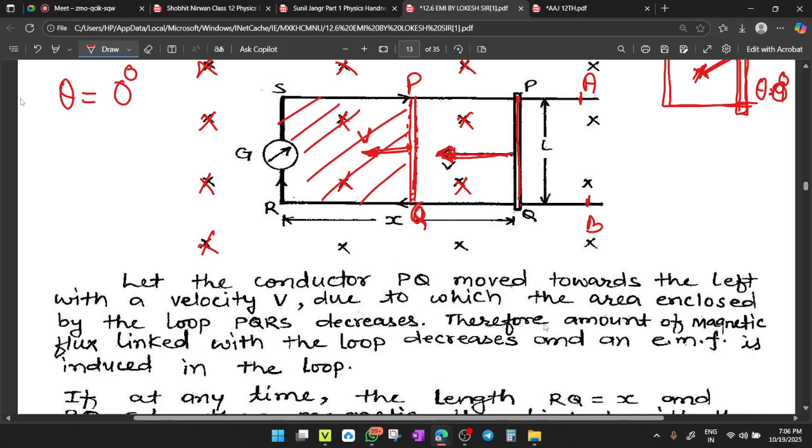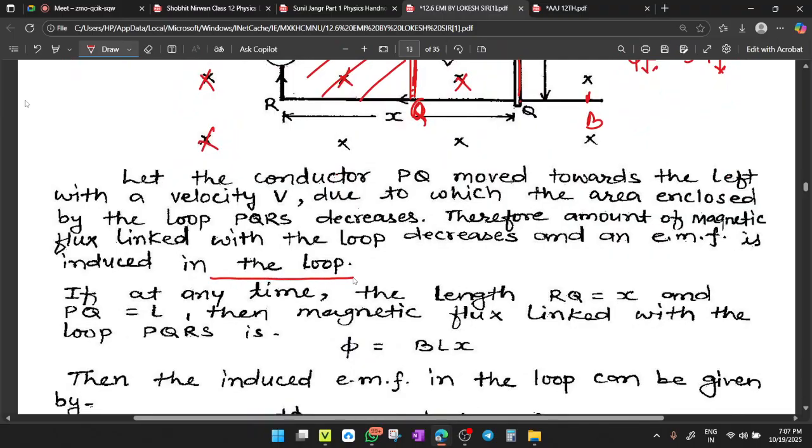Therefore, the magnetic flux linked with the loop also decreases, because phi equals NBA cos theta. If the area decreases, the flux also decreases. This results in a change in flux with respect to time. So the flux linked with the loop decreases and an EMF is induced in the loop according to Faraday's law.